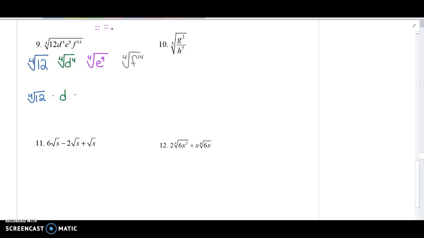There's 2 groups of 4, that's 8. So there's 2 groups of 4 with 1 remainder. Or split this into the 4th root of e to the 8th, the 4th root of e, so you can physically see there's 8 and 9 e's. This is e squared, 4th root of e.